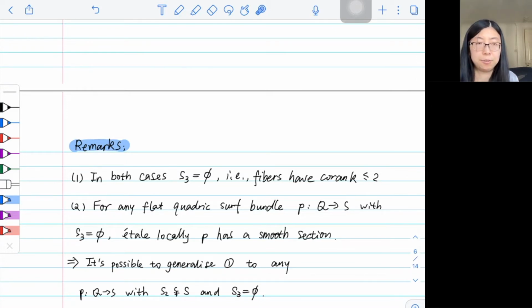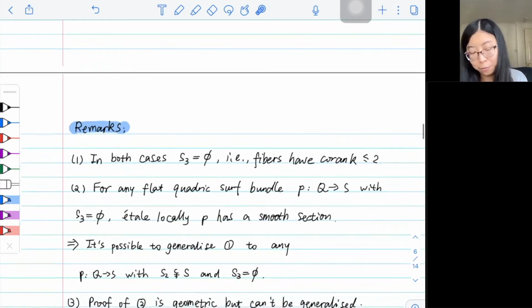This maybe convinces you why you would want this to be a proper closed subset. Of course, it's not a definitive answer, but it's sort of a guidance for why you would want to have this condition.